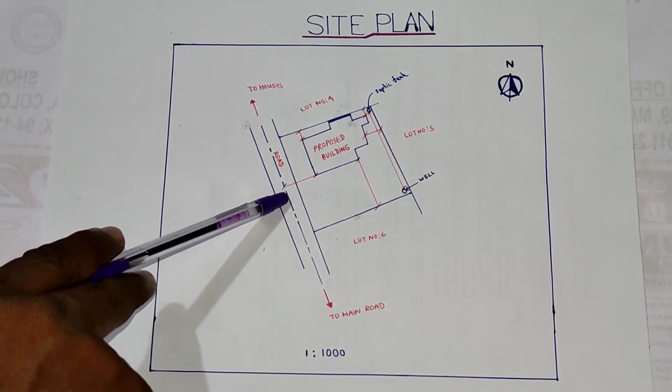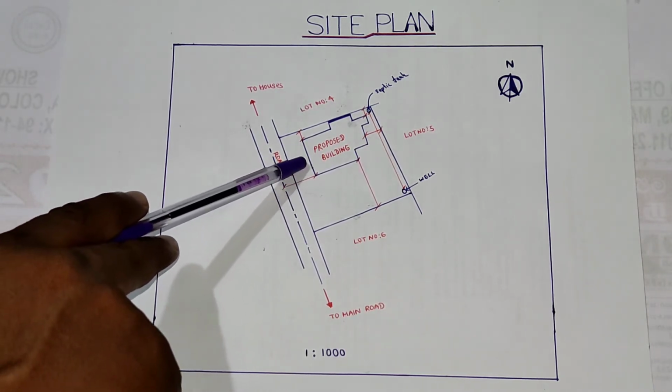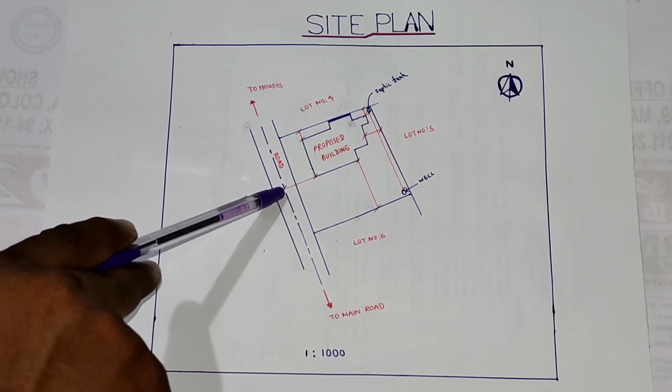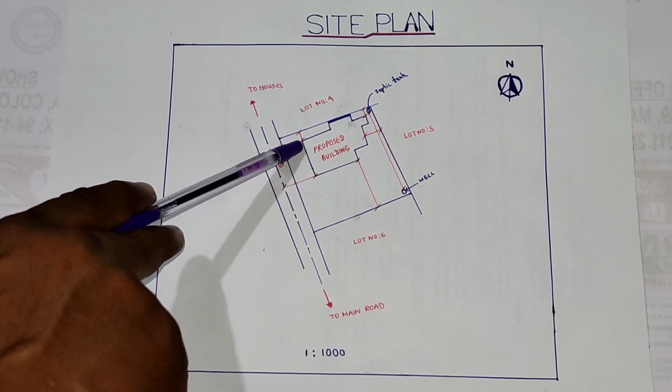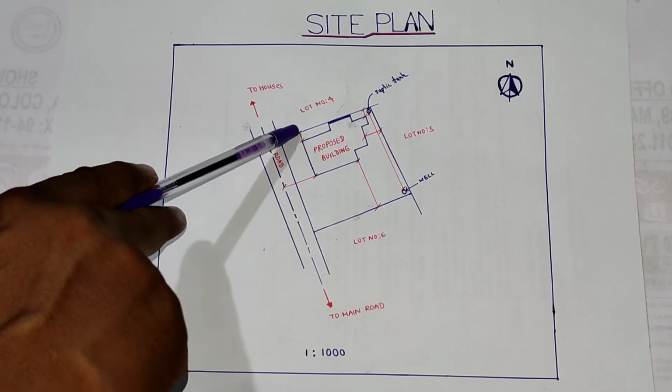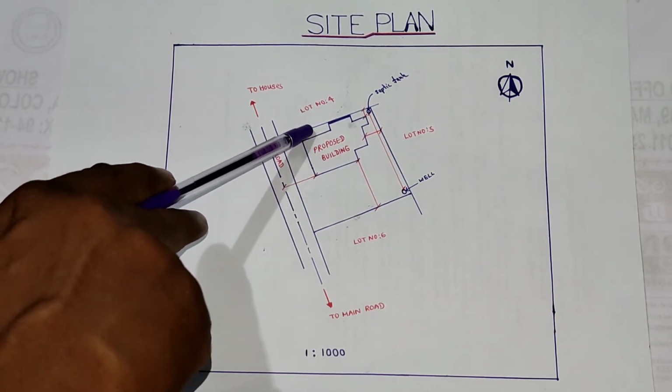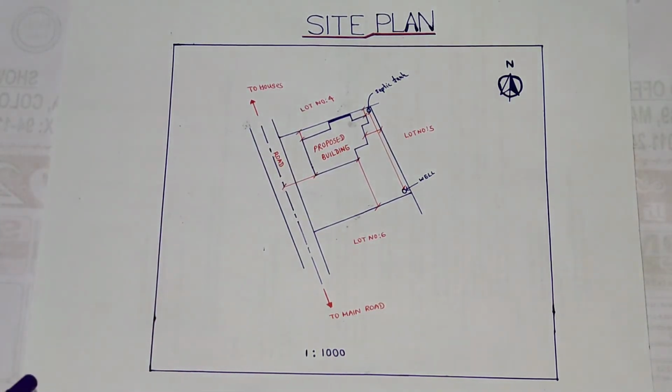That means the distance from the building line to the center of the road, and also from this end to this end, the length should be marked. Because this is just an example, I didn't put the values.